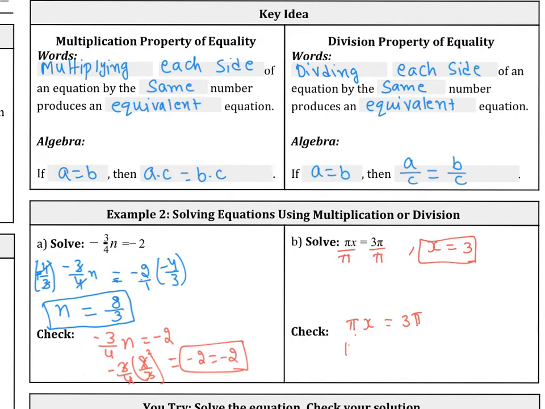Using the x value here, pi times 3 would be 3 pi. So 3 pi equals 3 pi. And that's true. So that's why x equals 3 is the right answer.